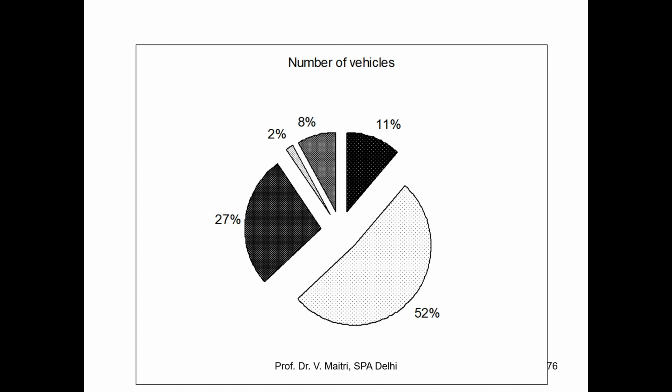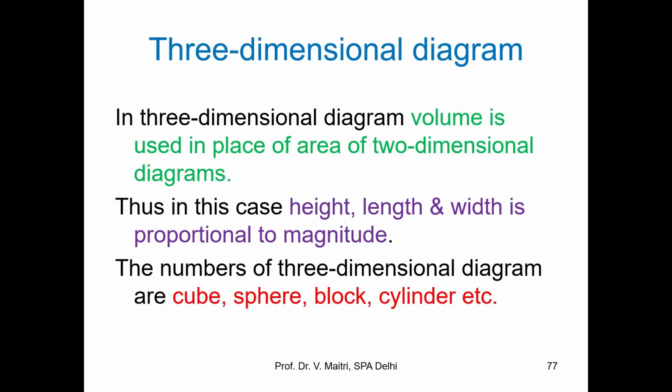You can also put your pie diagram like this. It is your choice, either a complete circle or divided circles, divided pies. Now coming to the three-dimensional diagram. We use the three-dimensional diagram in place of the two-dimensional diagram where the data is very big.